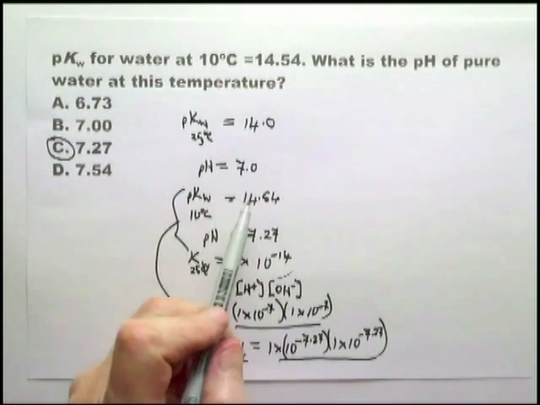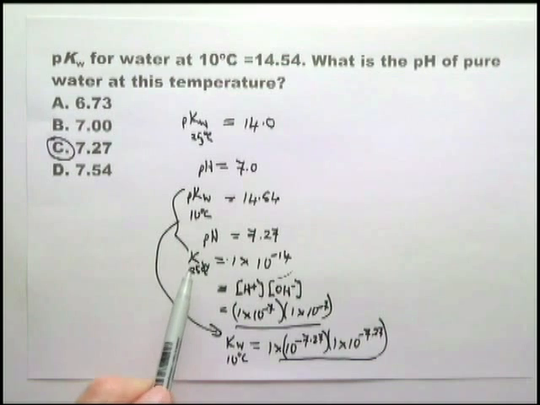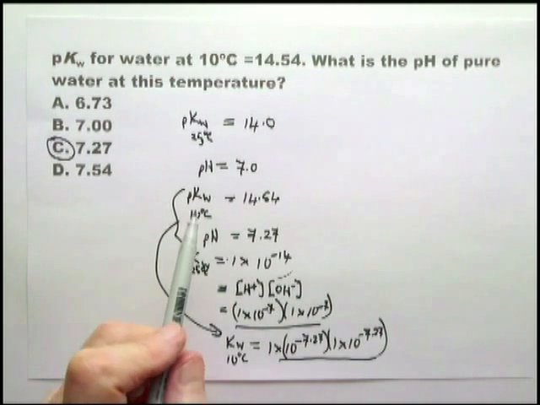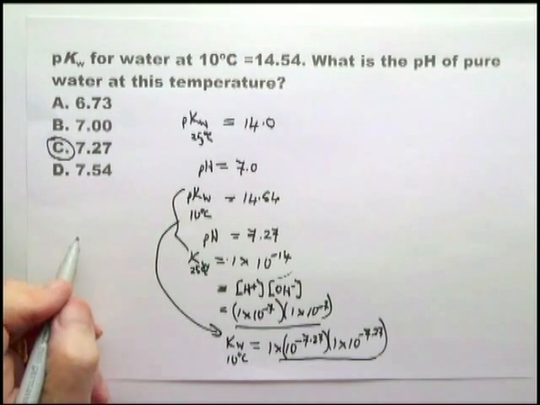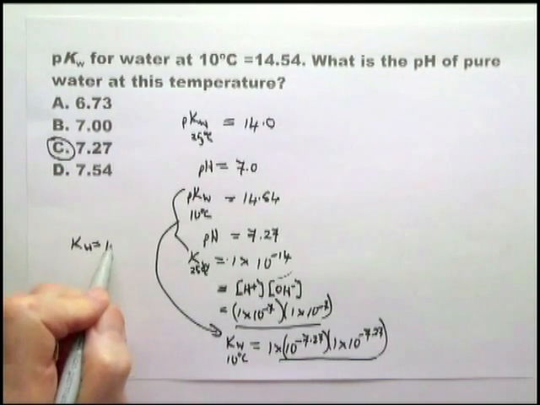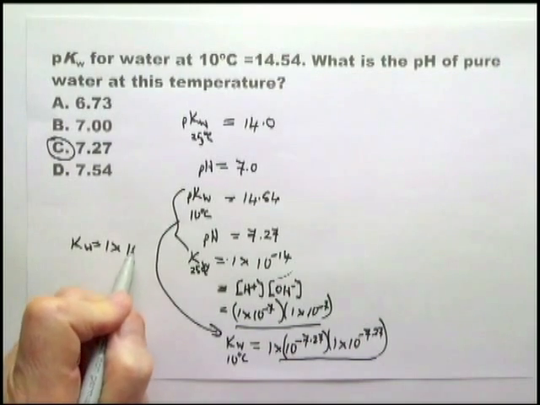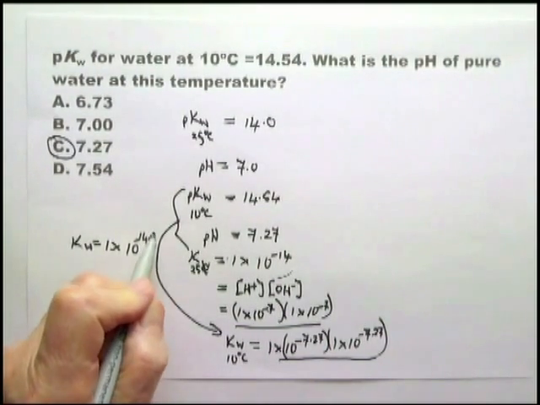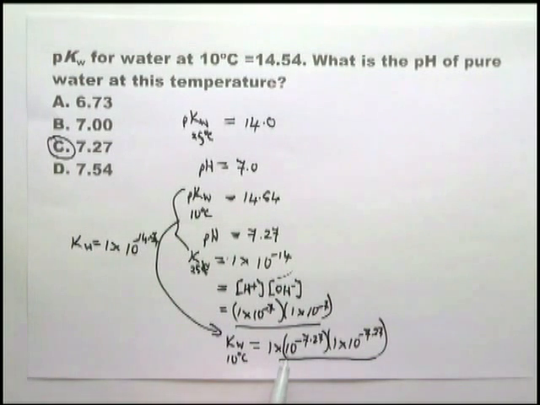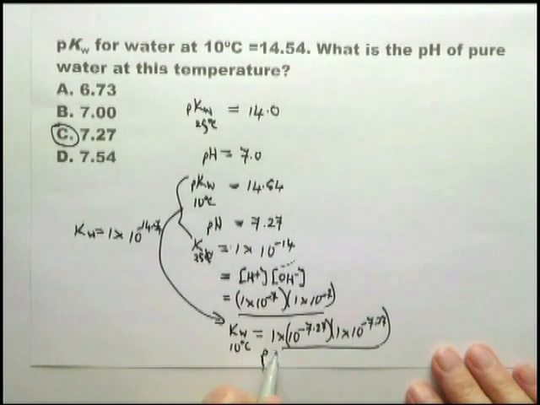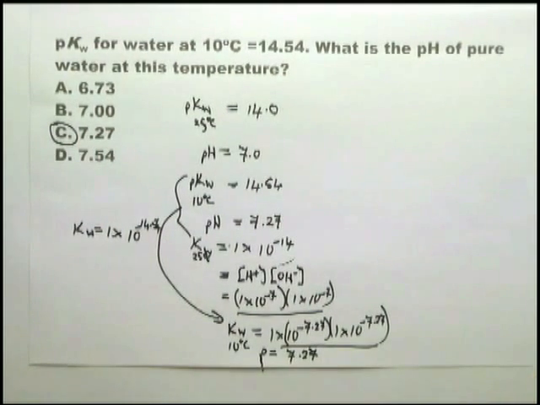If the pKw is 14.54 and the Kw equals 1 times 10 to the minus 14.54, then this must be true for that. This is the hydrogen ion concentration and that is the hydroxide ion concentration. Therefore, pH equals 7.27.